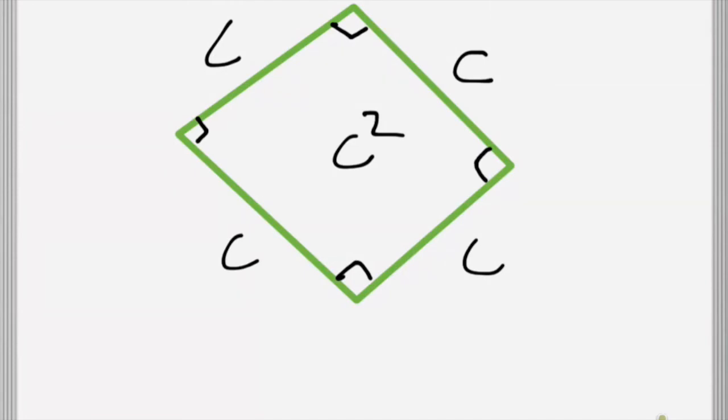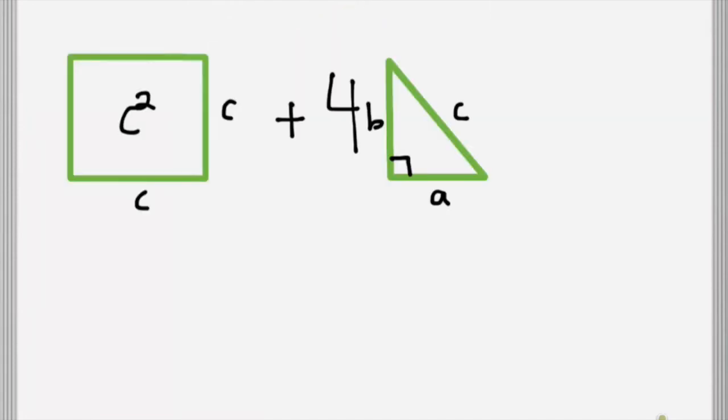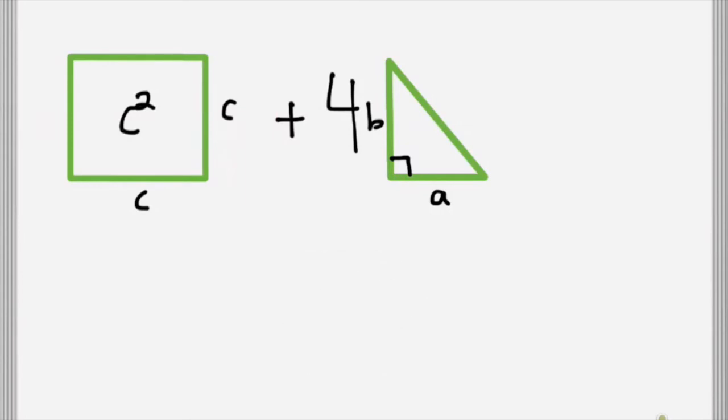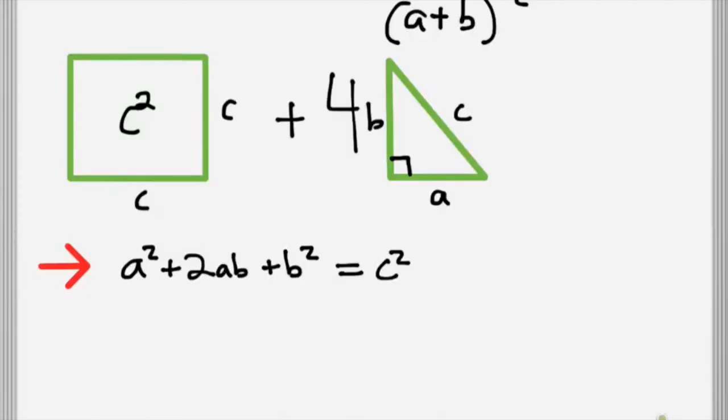Okay, so if we have the square and the four triangles that make up the original structure we had, which was the square inside the square, then you'll get a squared plus 2ab plus b squared, which comes from this here, equals c squared.